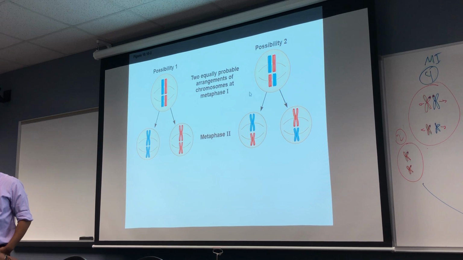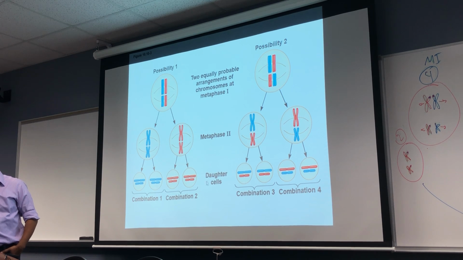So the arrangement matters, because if you have them this way, then by metaphase 2 and the end of anaphase 2, we'll have these possible combinations of the daughter cells, as opposed to if they were over here in this mixed manner. Then the combination will be here. Okay, so keep on right here.